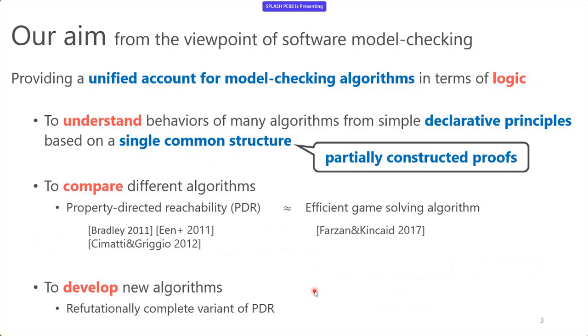For example, in the paper, we have established an unexpected connection between a well-studied algorithm called property-directed reachability and an efficient algorithm for solving games over infinite graphs, which has not yet been pointed out even by the authors of that algorithm. The connection is also useful to develop new algorithms. In fact, in the paper we have derived a refutationally complete variant of the PDR algorithm.